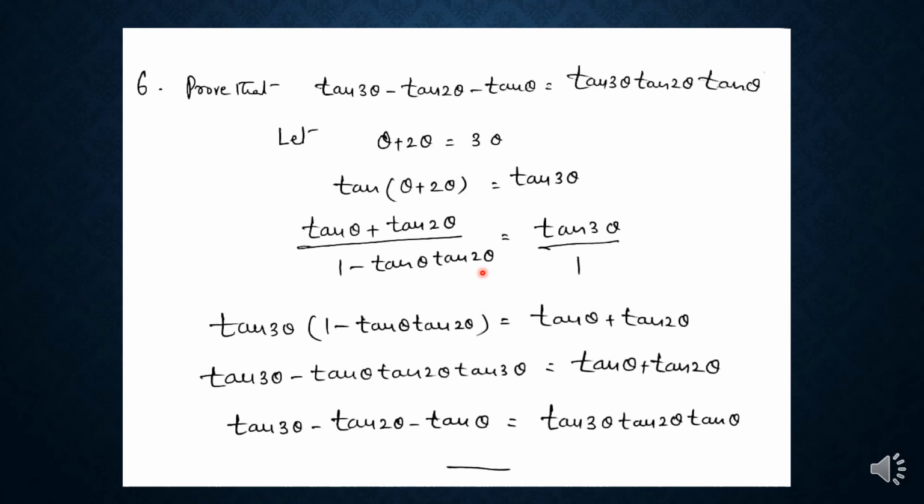So that is equal to tan 3 theta minus tan theta into tan 2 theta tan 3 theta is equal to tan theta plus tan 2 theta. Now by writing these two terms in the left hand side, that becomes tan 3 theta minus tan 2 theta minus tan theta is equal to tan theta into tan 2 theta into tan 3 theta.